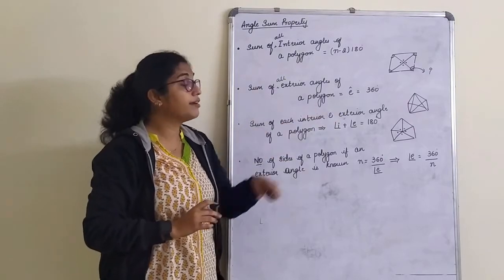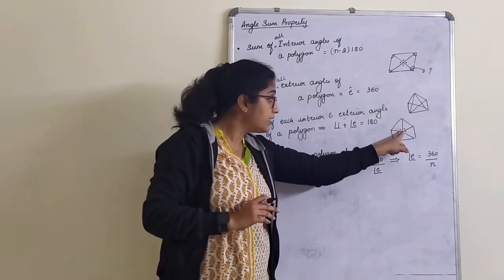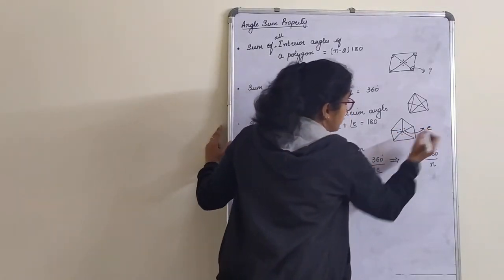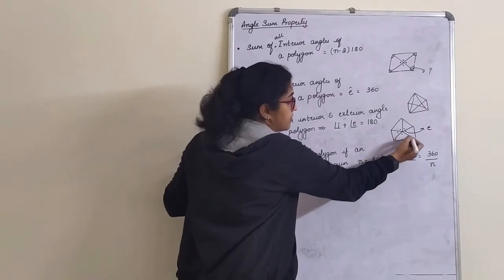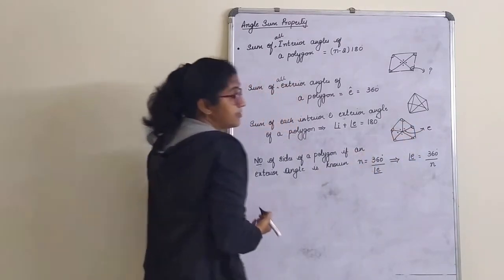That is how I got it, forming a diagonal. So here, what I have drawn as a dot, these are exterior angles. And these are interior angles.